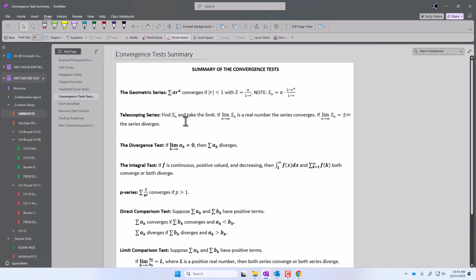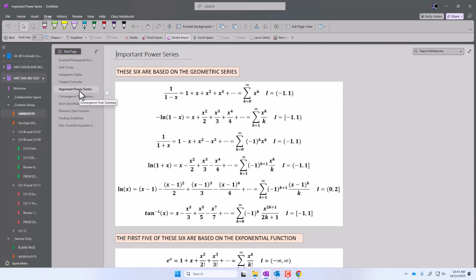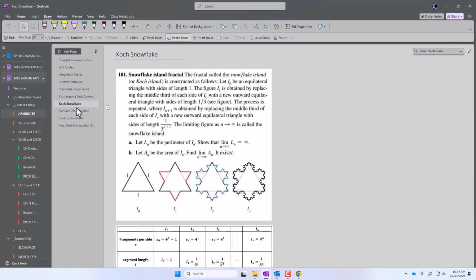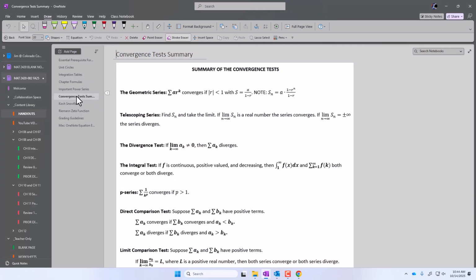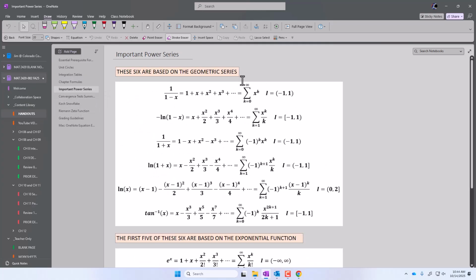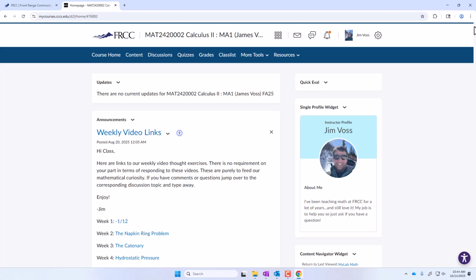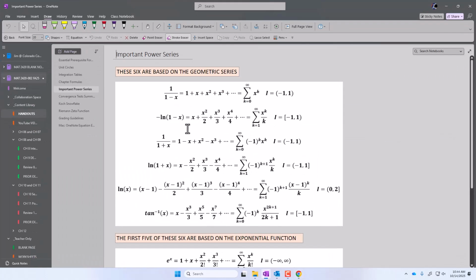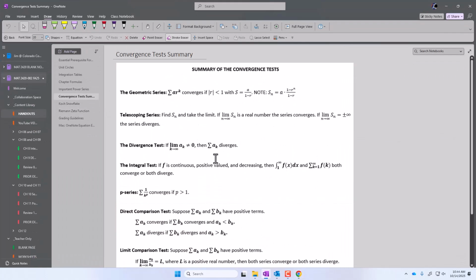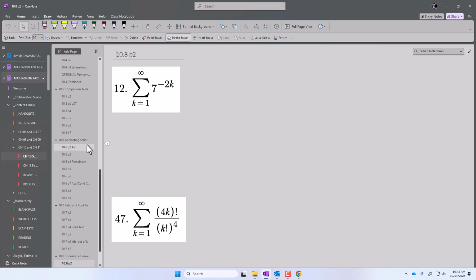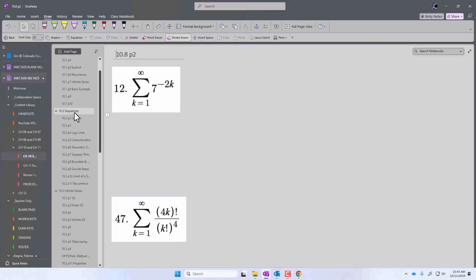And that's what all these tests are. So this chapter, the handouts that apply to this chapter are starting right here, and these 4. These are all for this chapter, 10 and 11. And that's what these tests are for. These are for when you don't have S sub n. When you don't have S sub n, how do you analyze the convergence or divergence?